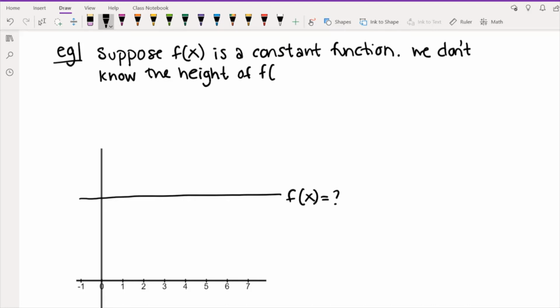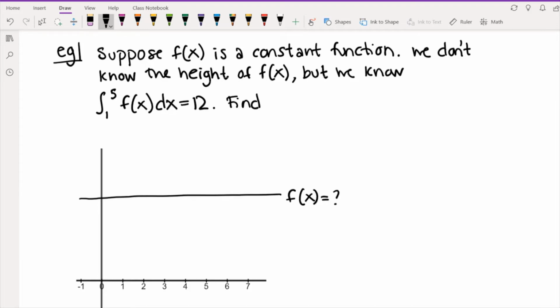But let's say that for some reason, somehow, we know that the integral from 1 to 5 of this function is equal to 12. So how could we find the height? Well, let's think about what we're talking about here.